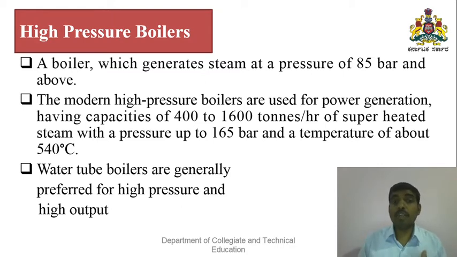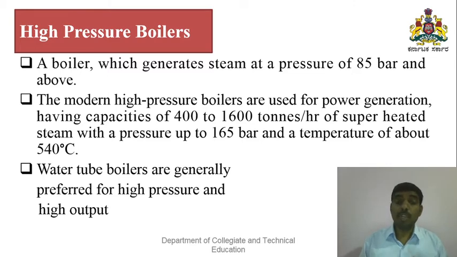The modern high pressure boilers used for power generation have a capacity of 400 to 1600 tons per hour of superheated steam, with a pressure up to 165 bar and a temperature of about 540 degrees centigrade. So these boilers produce steam at 400 to 1600 tons per hour.